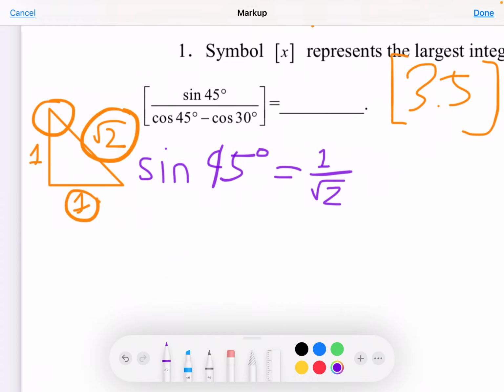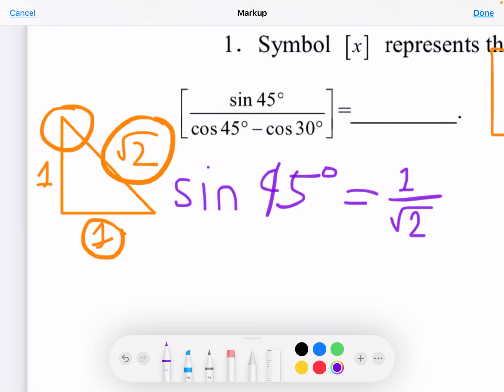And then cosine of 45 is the same thing, because adjacent over hypotenuse is the same.